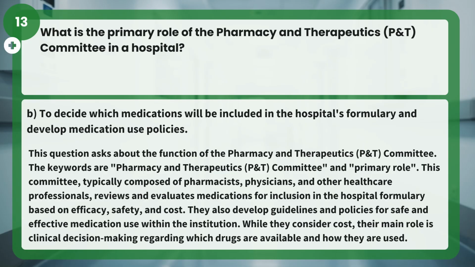This committee, typically composed of pharmacists, physicians, and other healthcare professionals, reviews and evaluates medications for inclusion in the hospital formulary based on efficacy, safety, and cost. They also develop guidelines and policies for safe and effective medication use within the institution. While they consider cost, their main role is clinical decision-making regarding which drugs are available and how they are used.